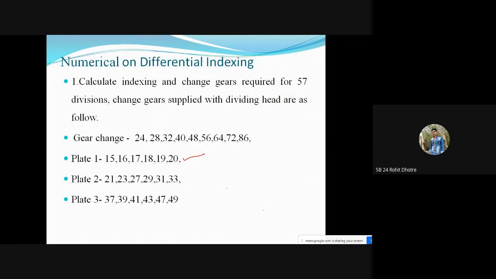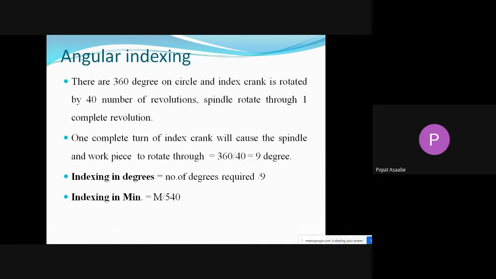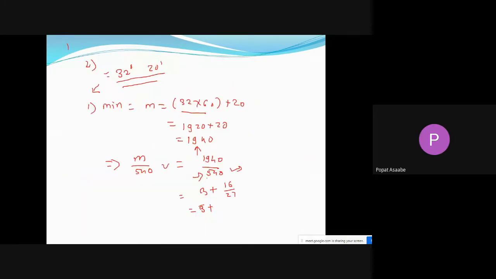Yes, sir, 27 is available in plate number 2. So directly we can take this. Here first of all, I have to take 3 rotations of your crank. Then we have to select the 27 number circle, and in that 27 number circle, we have to select the 16 number hole.